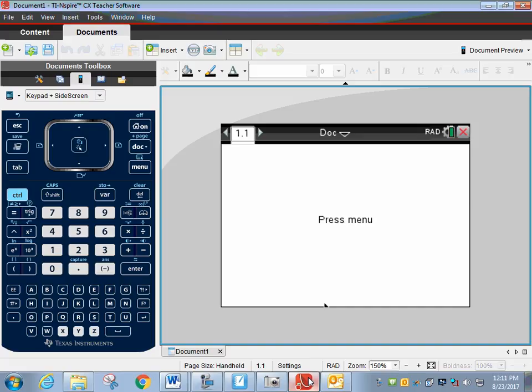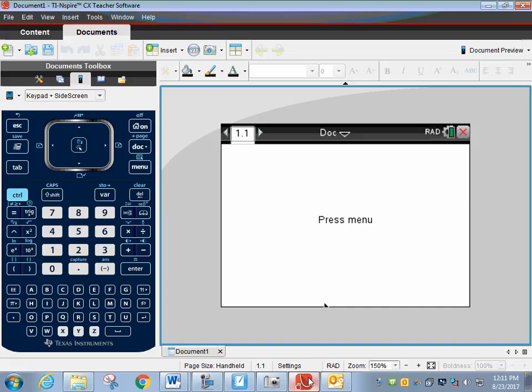So it might be best to do 2 documents, but I leave that up to you. You could also do the old, at the start of class, hit sine of 30 and see what you get. And if you're in degrees, you'll get 1/2. But if you're in radians, you'll get something else. I don't know what sine of 30 radians is, but it's something funny, I'm sure.